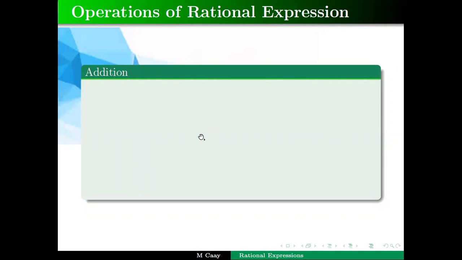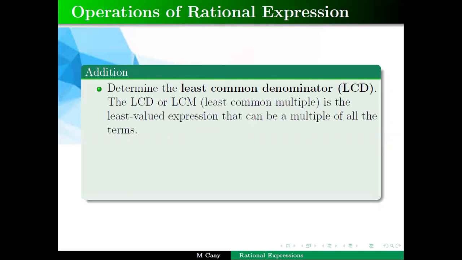So the rule for that, of course, is this one. First is we have to determine the least common denominator, or the so-called LCD. The LCD, or sometimes we call that one as LCM, or the least common multiple.